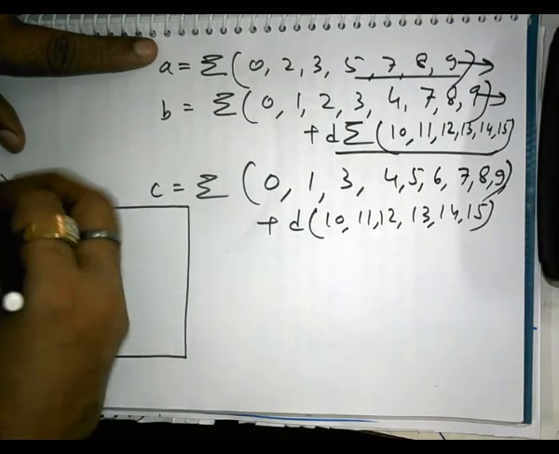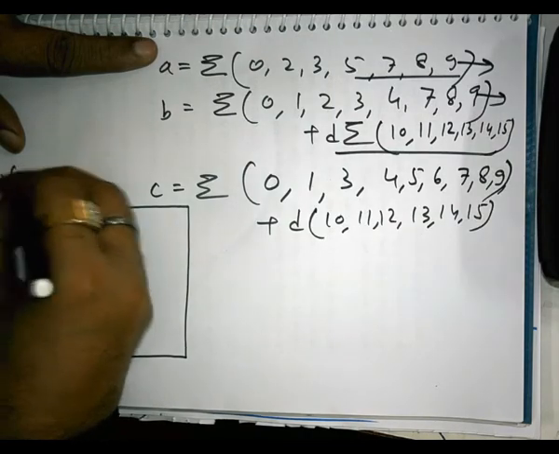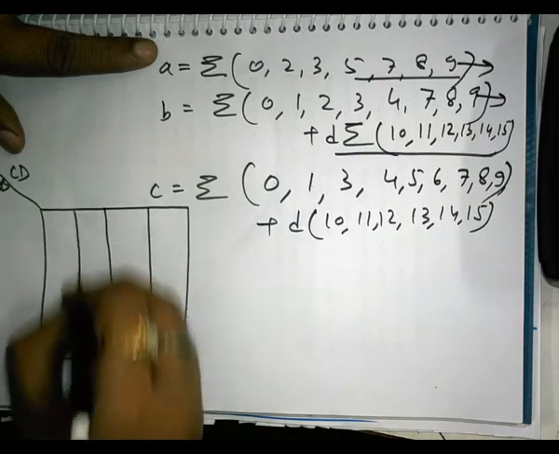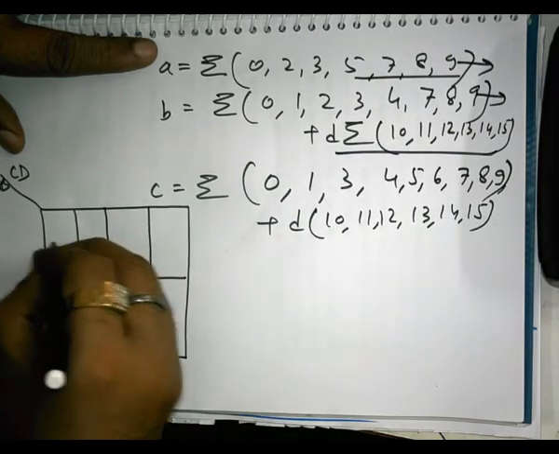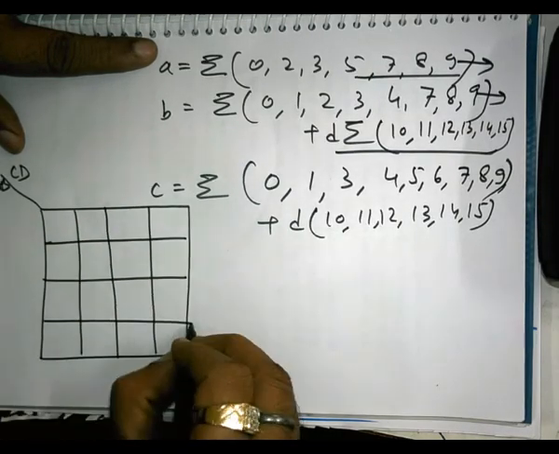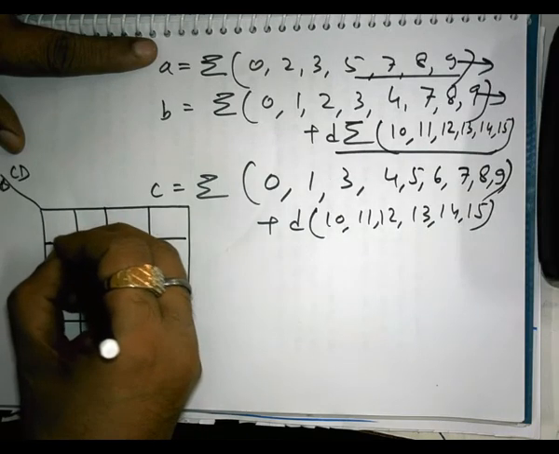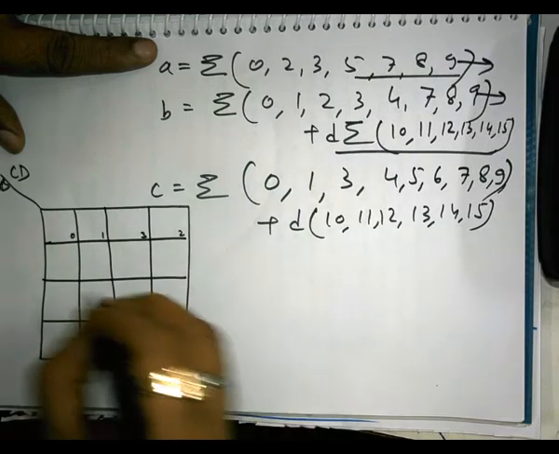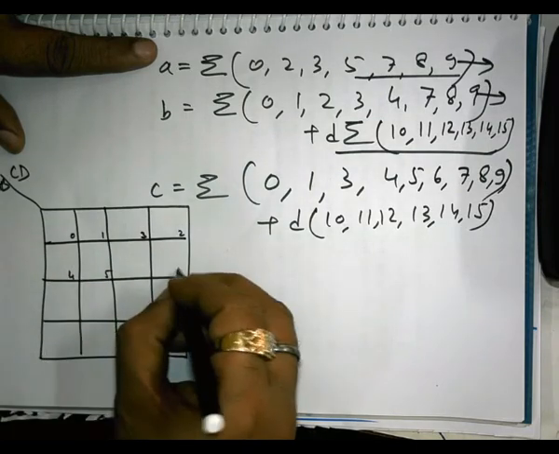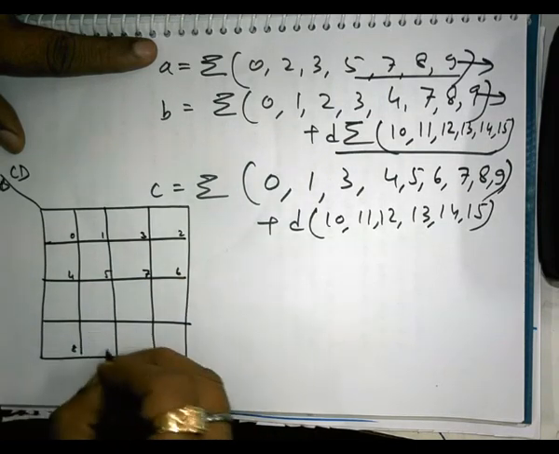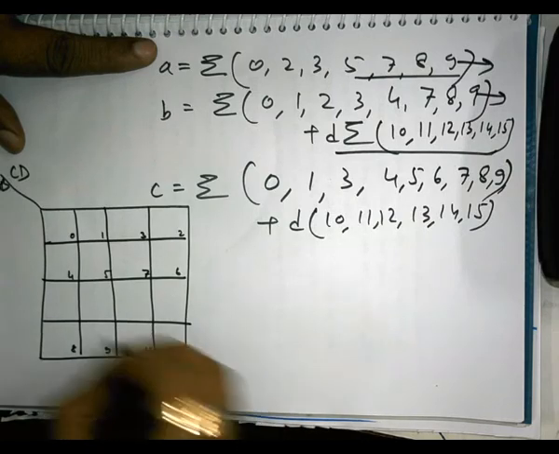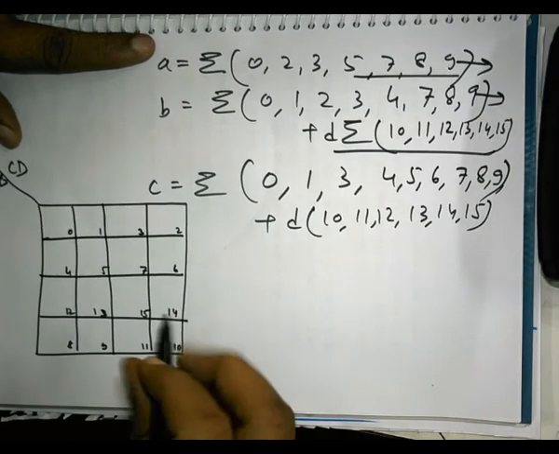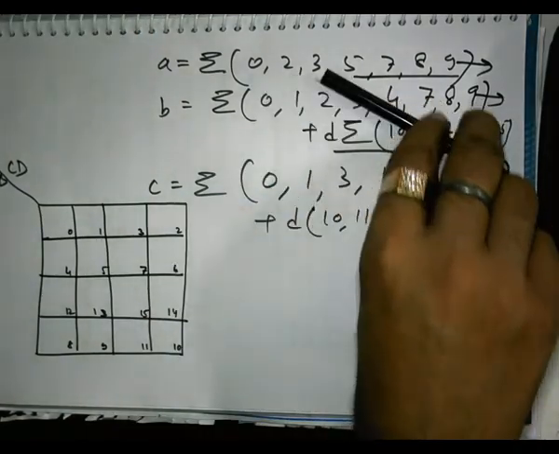If I put my AB term over here and CD term over here, naturally this is 0th, 1st, 2nd and 3rd, then 4th, 5th, 6th and 7th, 8th, 9th, 10th, 11th, 12th, 13th, 14 and 15. So where there are 1?